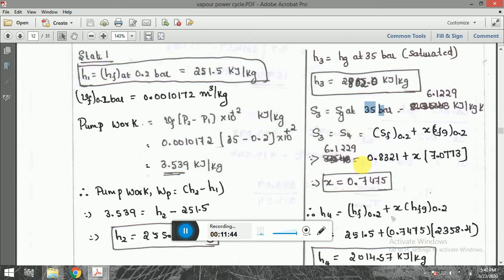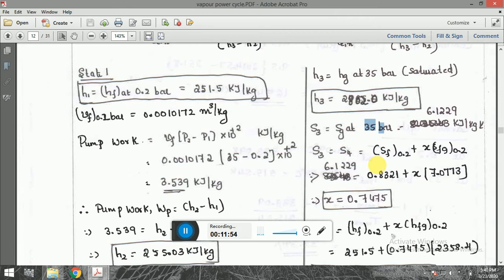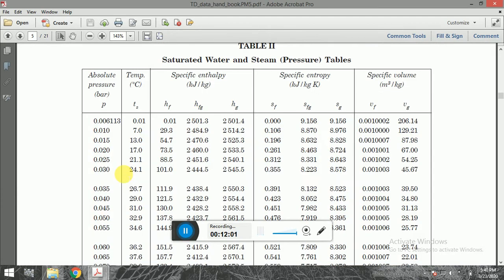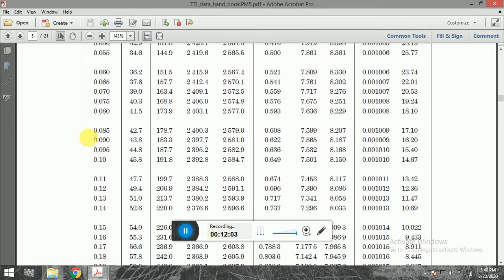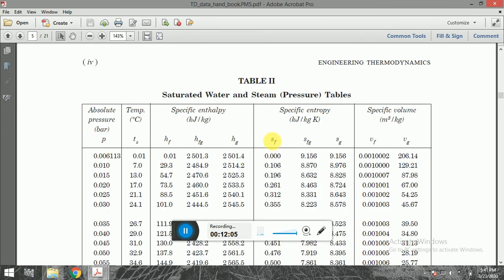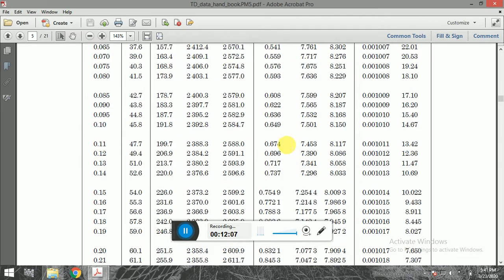So we need to write S4 as Sf at 0.2 bar plus x into Sfg at 0.2 bar. We go again to the thermodynamic data handbook and find the values of Sf and Sfg at 0.2 bar.